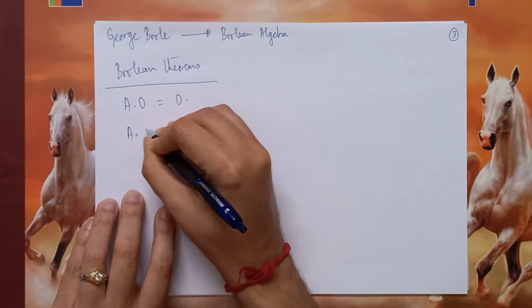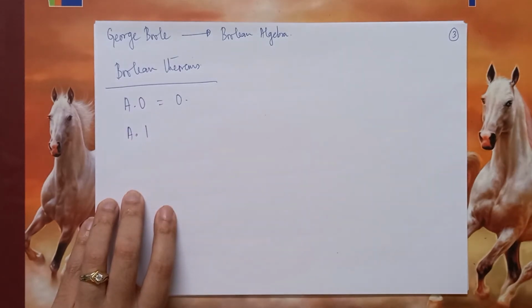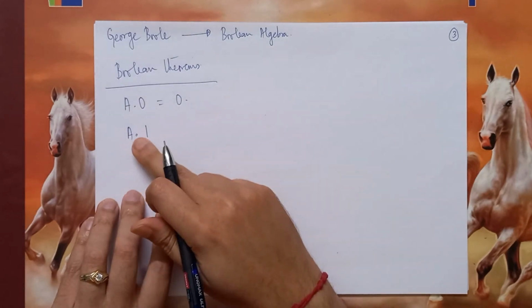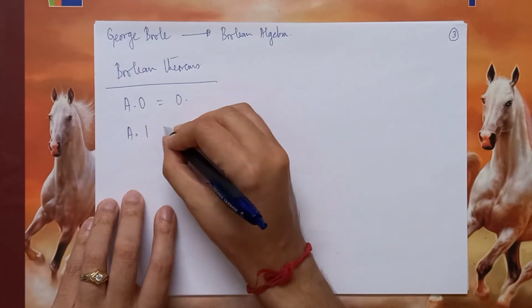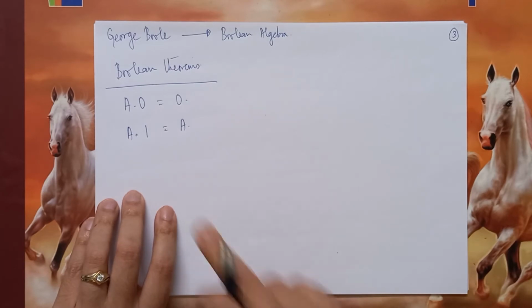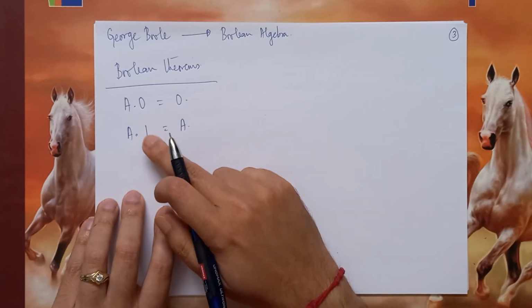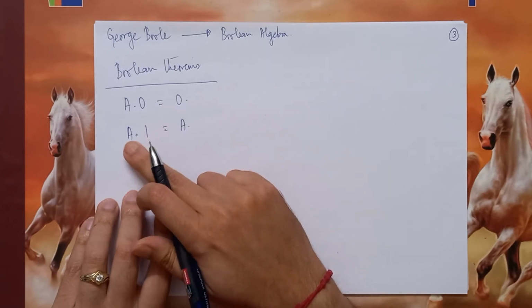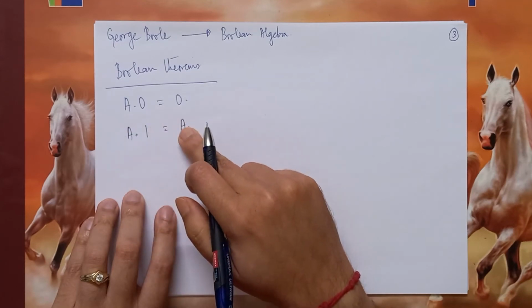Likewise, a dot 1. It's like saying if you multiply something with 1, the answer is the variable itself. And it's true also. If you have a dot b and one of the conditions is satisfied, you need to know what the other condition is. And whatever is the other condition, that is the output.